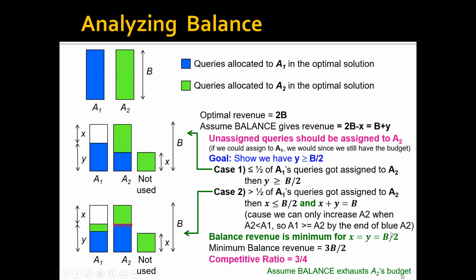And the minimum balance revenue in this case will be 3B over 2, as we mentioned before. Then in this case, we can calculate the competitive ratio, which is the minimum balance revenue divided by the optimal revenue, which is 2B. And this gives us the competitive ratio of 3 over 4.